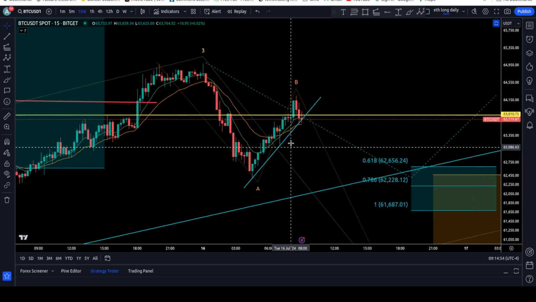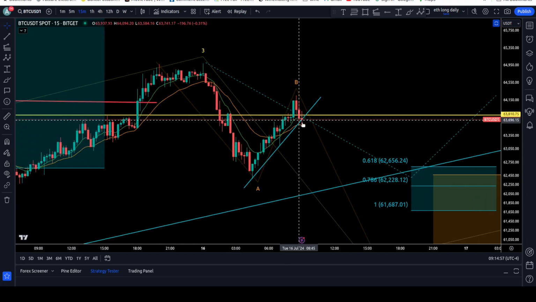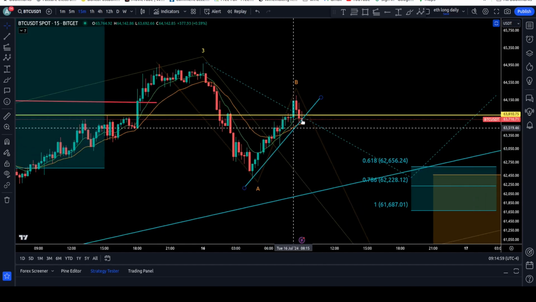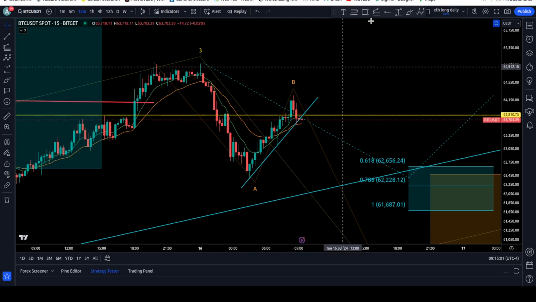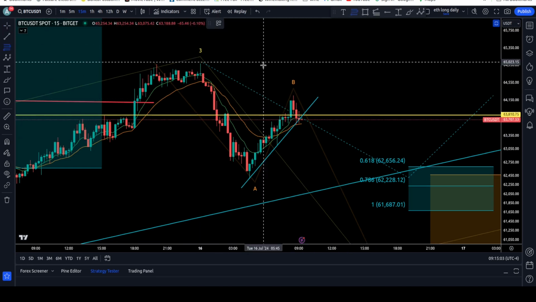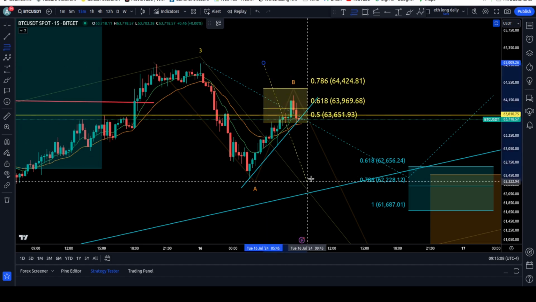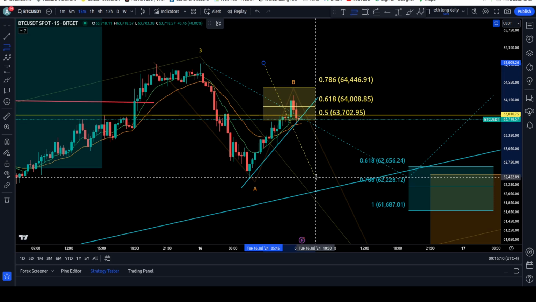I'm going to look for 2 points. First of all, if it really starts to break this trend, very short term, once again, this is 15 minutes. Now I'm going to pull out the fib retracement for this B wave. All right, I try to be as accurate as I can.